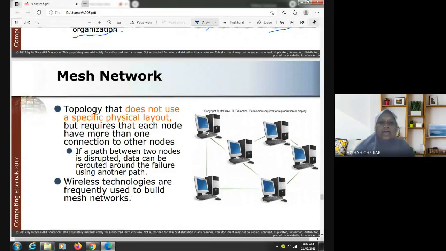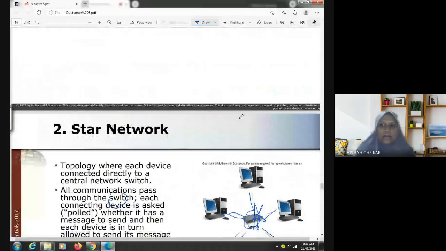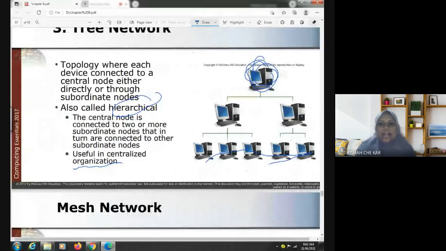Okay? One advantage of this mesh network is that if this computer fails, broken or damaged, the other computers can still communicate with the others. That is its advantage. Except for this one, if we use the tree network and this computer is damaged, automatically the rest of the bottom level cannot communicate with the other network.